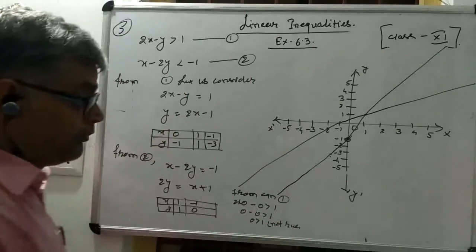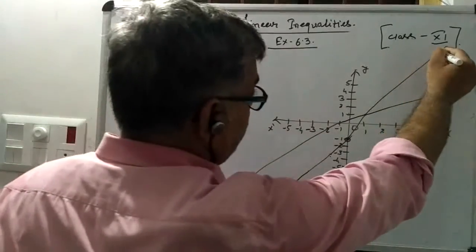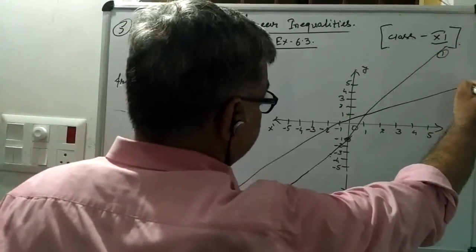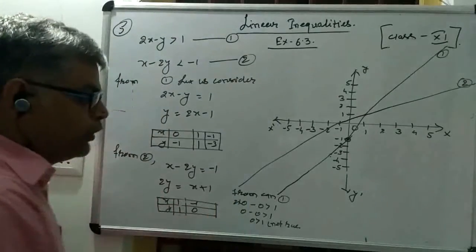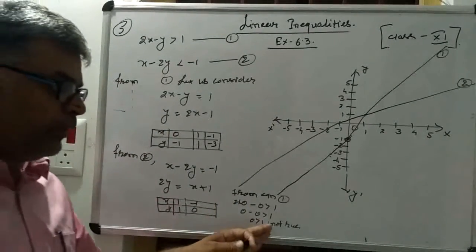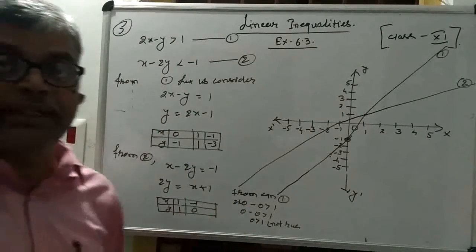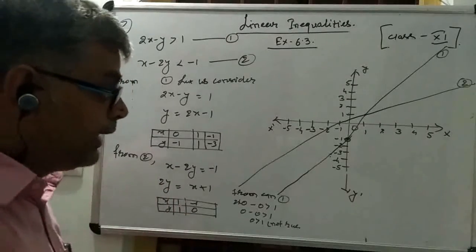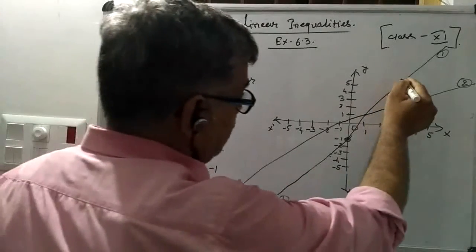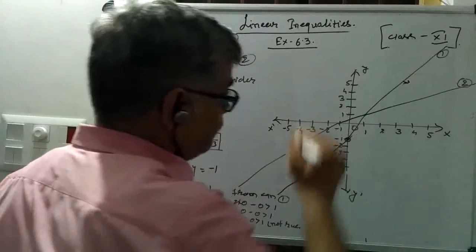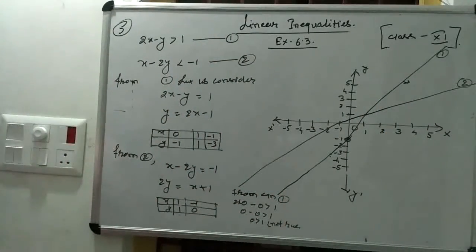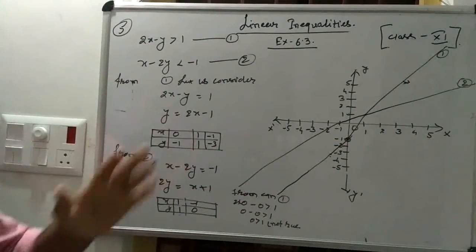It means the first line was this one and this one was the second. So you get a false value when x and y equal 0. It means the solution will contain the right half of the plane from this line.